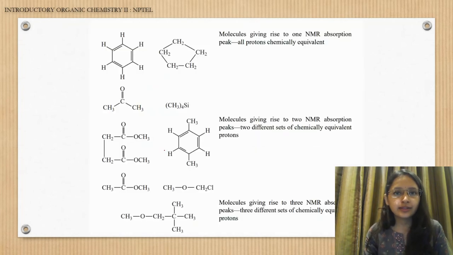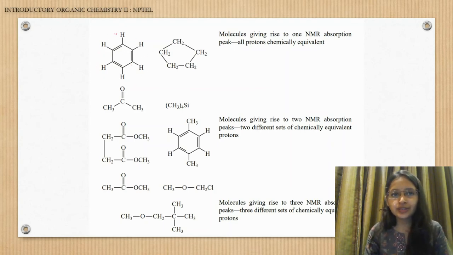What happens here is, first of all, in the benzene ring, all the protons are sp2 hybridized and are equivalent in nature, because they have the same chemical environment around each of them, right? So these are the same set of protons.